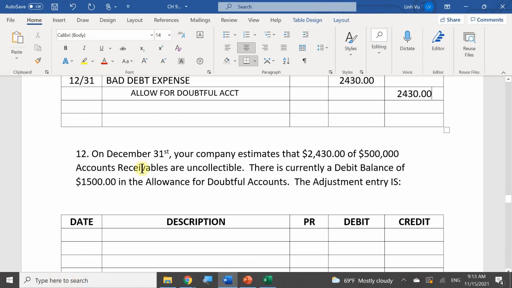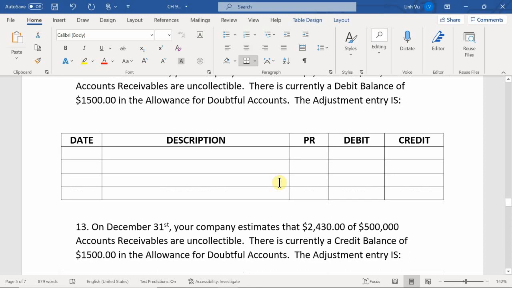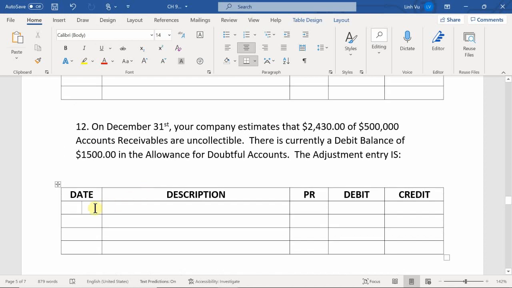The adjustment entry will be... the journal's the same, but this time, how am I going to calculate how much my journal should be written out for?